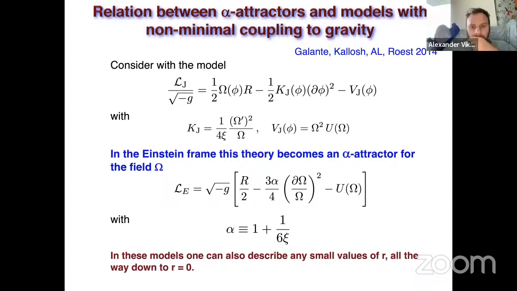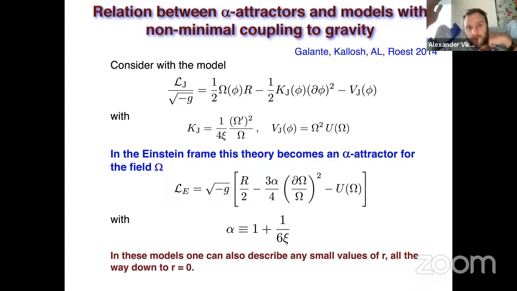If you wish, this just tells you that the theory of non-minimal coupling to gravity is more general than alpha attractors. You produce many more structures than alpha attractors, and this is just a particular case.